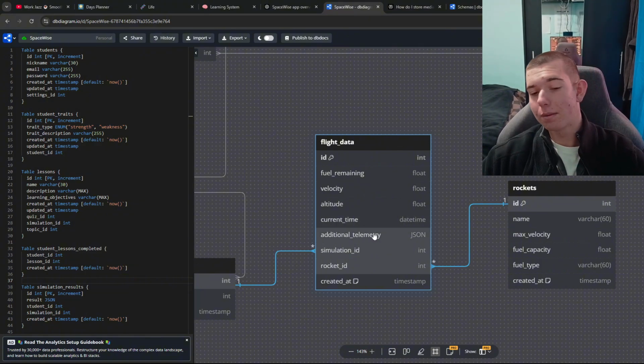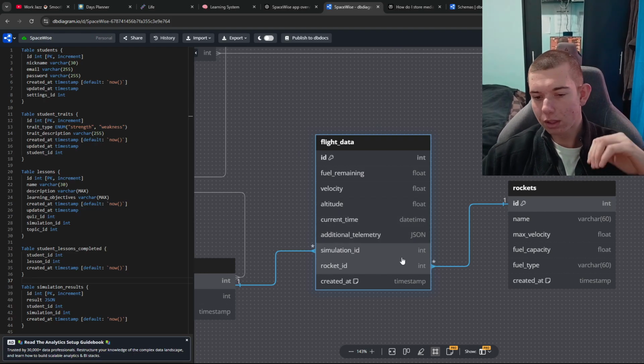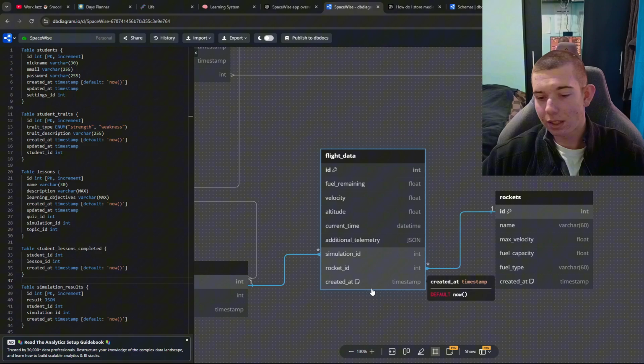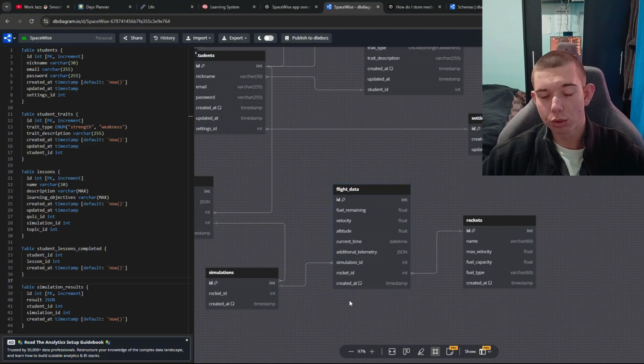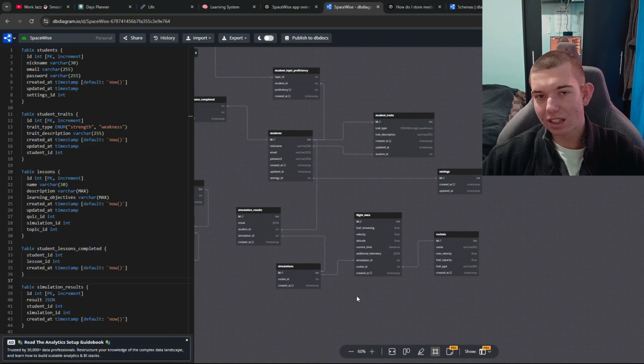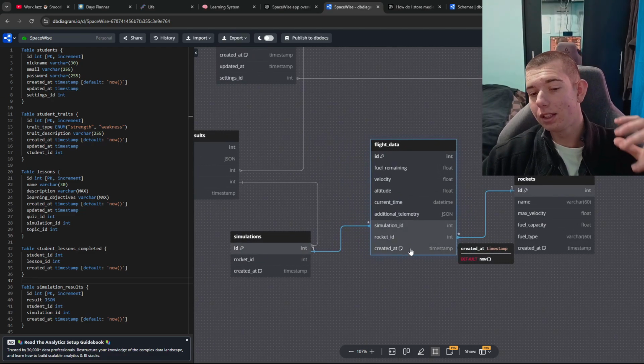Here we have more data in a JSON file that I can put, and here we have the simulation ID, the rocket ID, and when the snapshot was created in the database in real time.